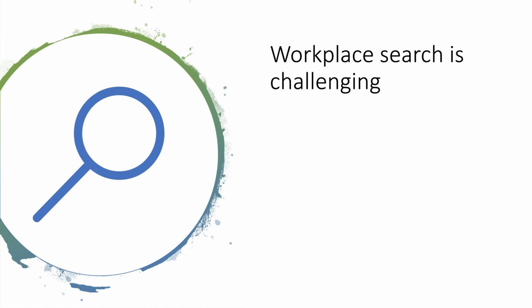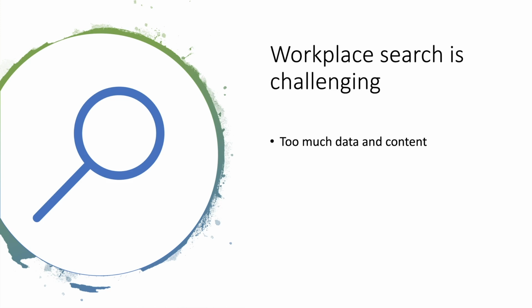Workplace search is a hard problem to solve. There are several key reasons why enterprise search is so challenging. First of all, organizations these days just have way too much data, and most of it is unstructured. This makes relevance super important in actually making people able to find what they're looking for.